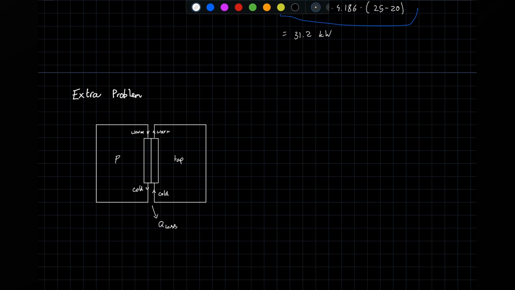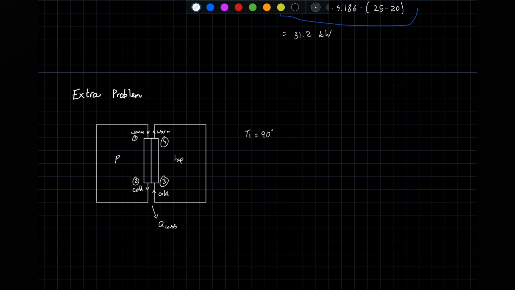And we were also told that we could ignore potential and kinetic energies, which is nice. So we were given some data, T1, T2, T3, T4.